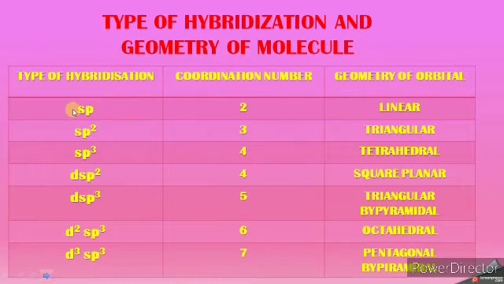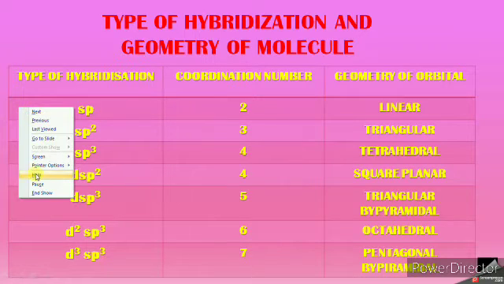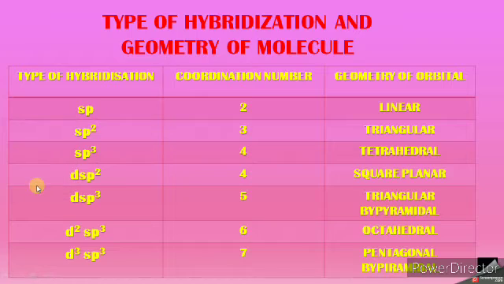sp, meaning 1s and 1p atomic orbitals of that central metal atom undergo a process of mixing and recasting. So two atomic orbitals are involved, so the coordination number is 2, and these two orbitals are placed linearly.